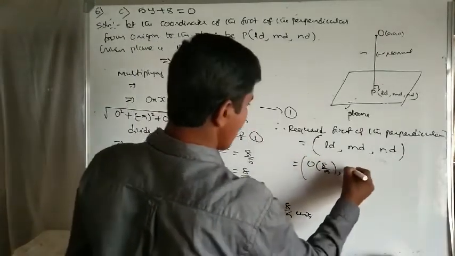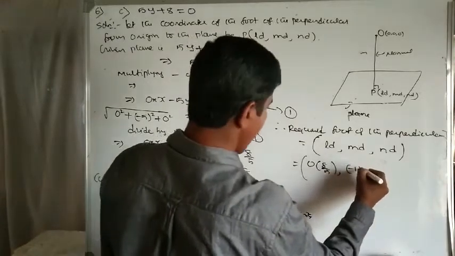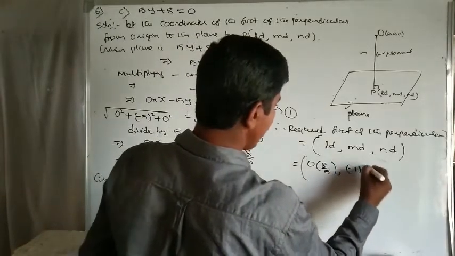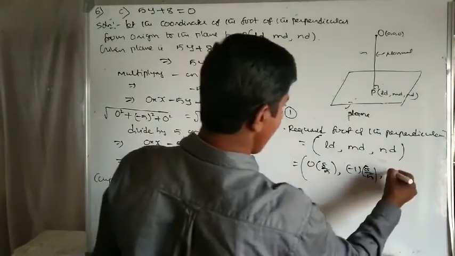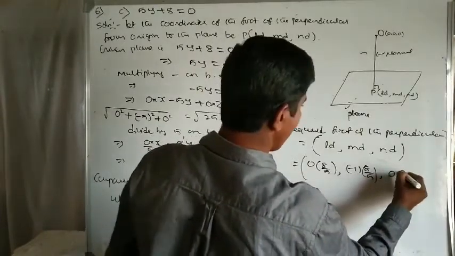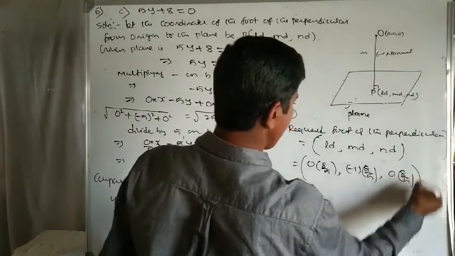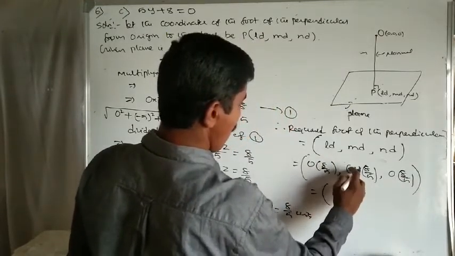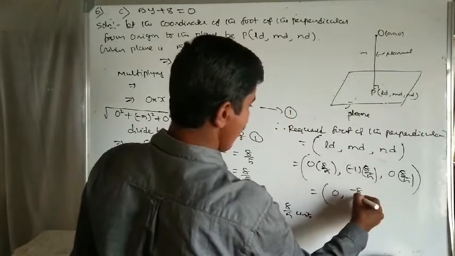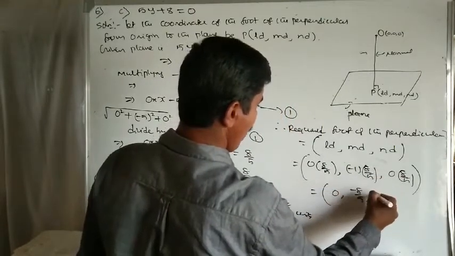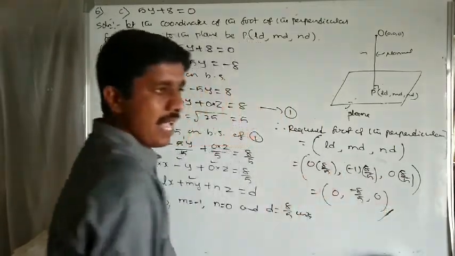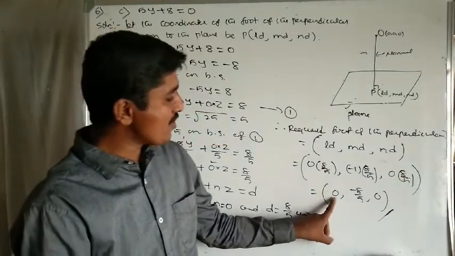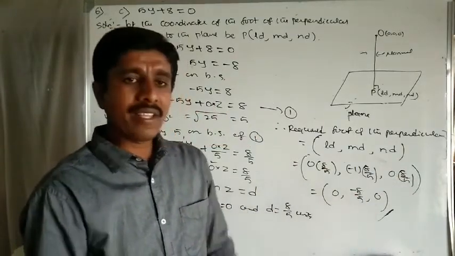M is equal to minus 1 into D value 8 by 5. N is equal to 0, 0 into D value 8 by 5. 0 into 8 by 5 is 0, minus 1 into 8 by 5 is minus 8 by 5, 0 into 8 by 5 is 0. The required foot of the perpendicular is 0 comma minus 8 by 5 comma 0.